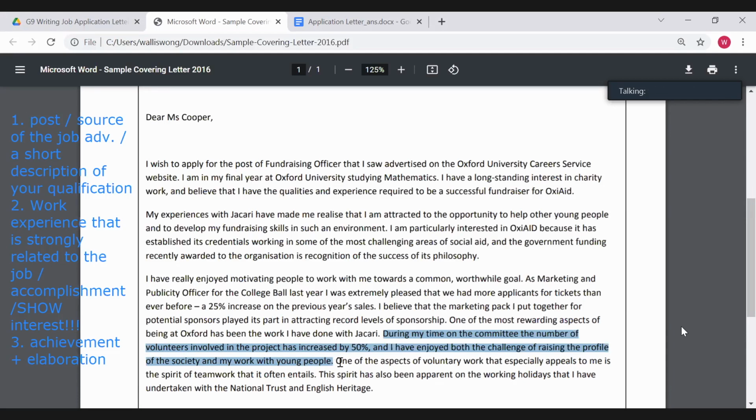And then, because you're selling yourself, oh, I would like to be the fundraising officer, you may say one of the aspects of the volunteer work that appeals to him is the spirit of teamwork. You're telling him that you like it. Okay?